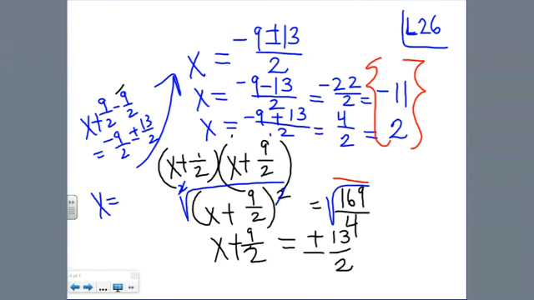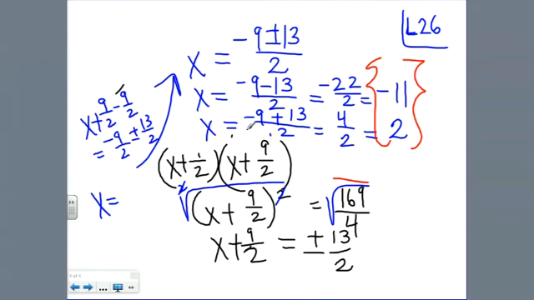Again, any questions about completing the square or using the square root property? So far, each example has had a leading coefficient of +1, so we haven't had to do anything extra until now.